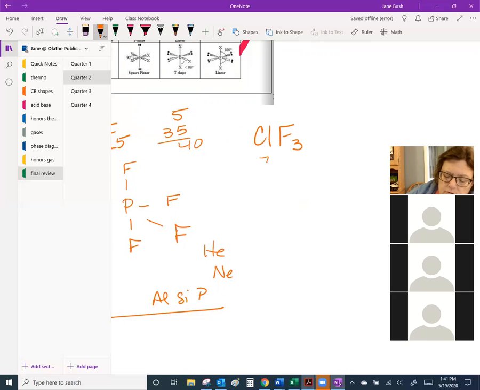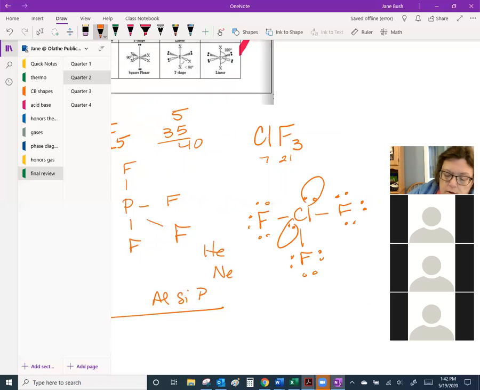Chlorine has 7 electrons, each fluorine has 7, so that's a total of 28. 1, 2, 3, 4, 5, 6, 7, 8, 9, 10, 11, 12, 13, 14, 15, 16, 17, 18, 19, 20, 21, 22, 23, 24. I have to go to 28 though, right? 25, 26, 27, 28.